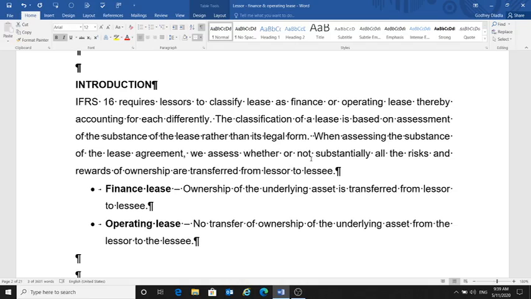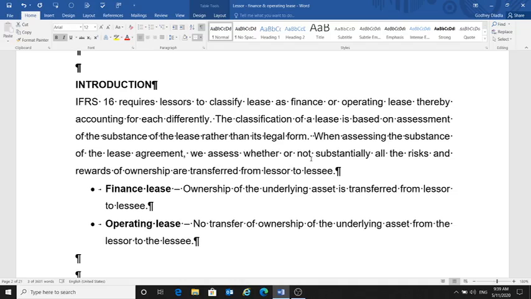Now, we are talking about a situation whereby someone bought a car through a bank facility, and now that person must repay the bank every month. After paying the last installment, the bank will transfer ownership. They will give that person the papers of the car, and then the car becomes a full asset of the lessee.